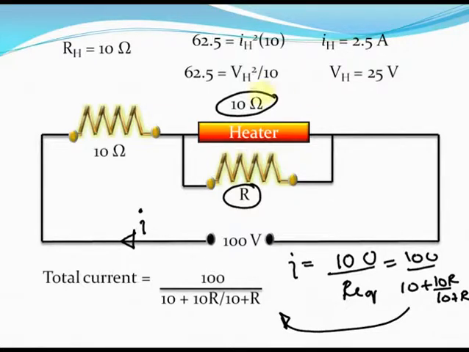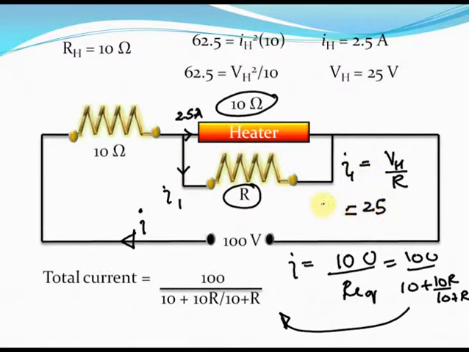Now this total current in the circuit is equal to the current flowing through the heater, which is 2.5 amperes, and the current flowing through the resistance R, which is say I1. Now the current flowing through the resistance R, I1, is clearly equal to VH divided by R, isn't it? That's because the potential difference across the heater is the same as the potential difference across this resistance capital R. Now the potential difference across the heater is 25 volts.